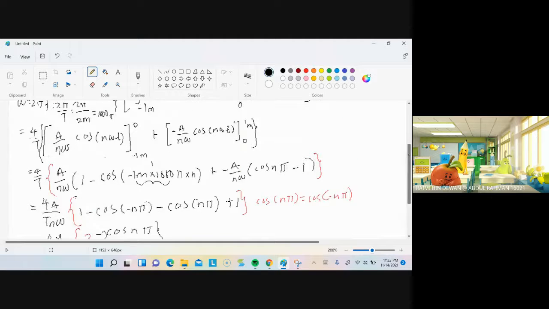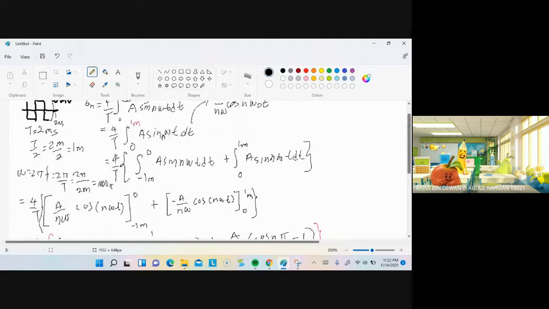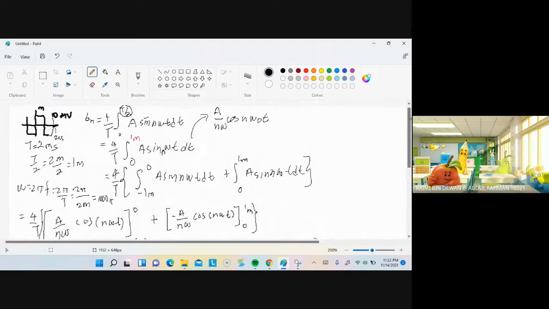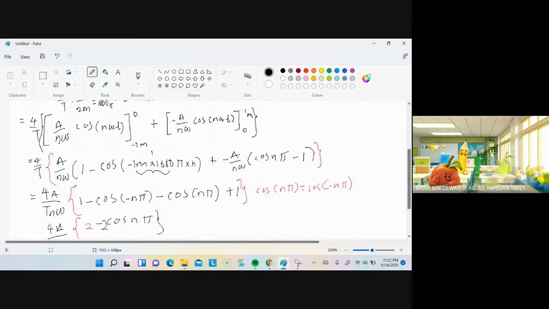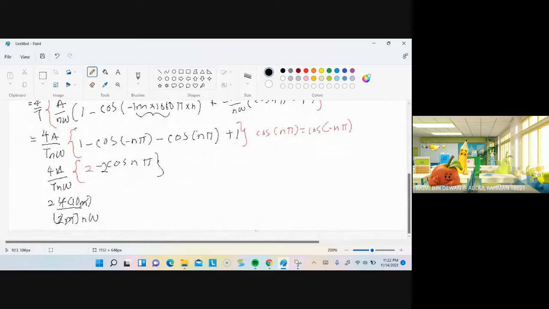Sorry, I need to check. Okay, sine A. This one maybe we don't need to replace first. Wait, I'm confused with my own writing, it's too terrible to even read my own writing at this time.